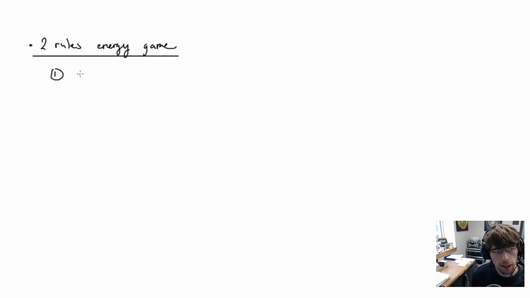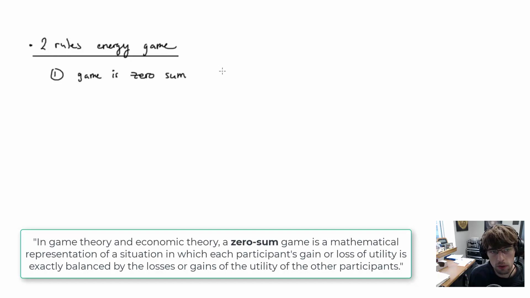Number one, the game is zero sum. Okay. And what does that mean? It means that there are always winners and losers. So a zero sum game means there's always winners and losers.